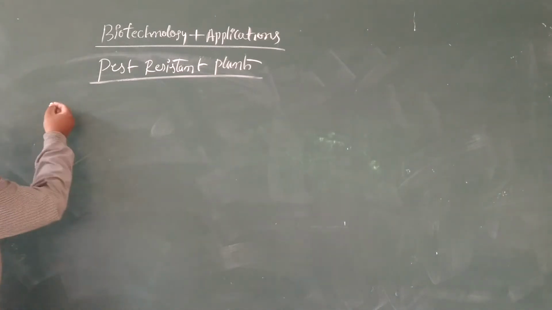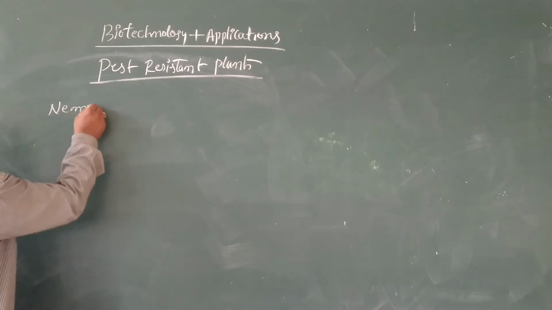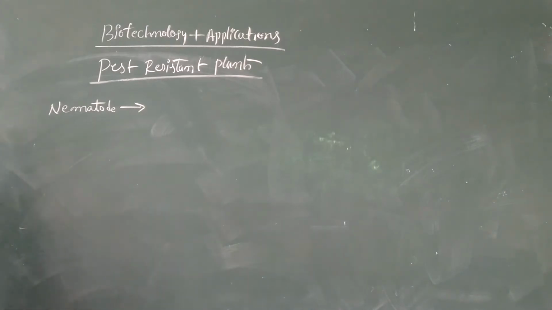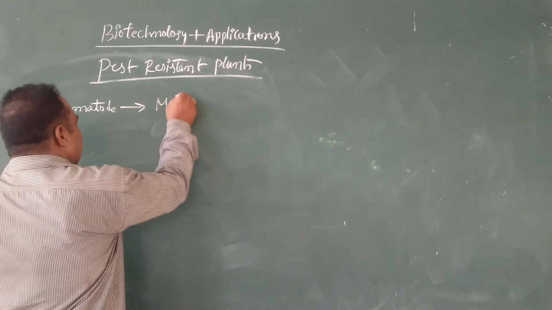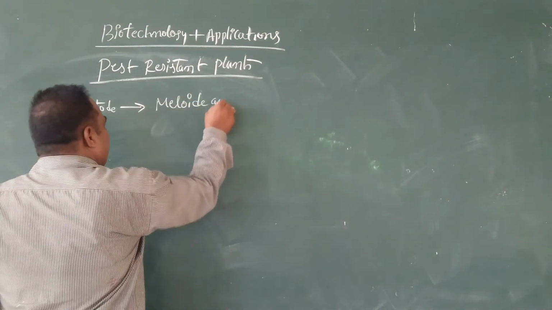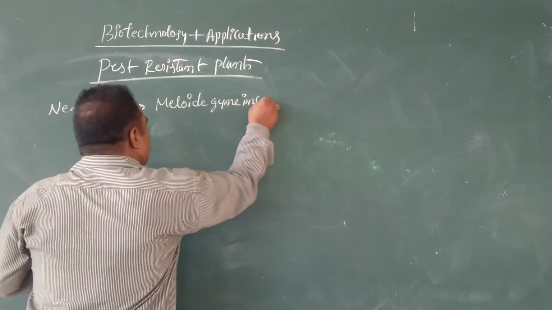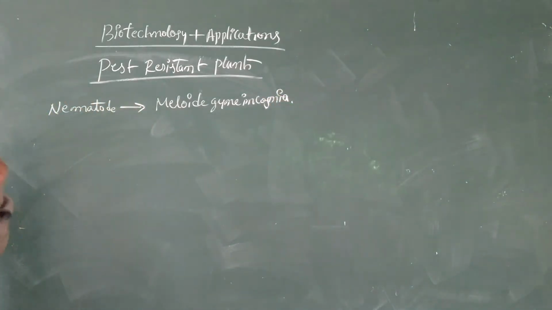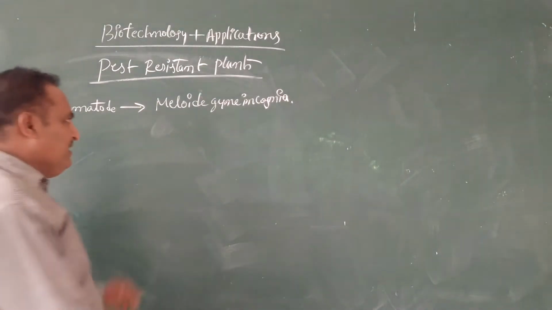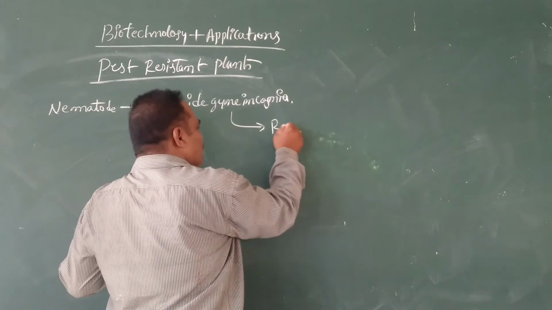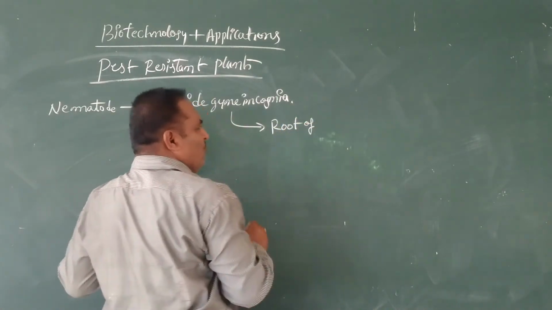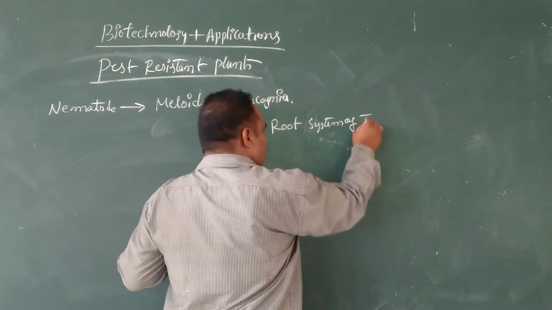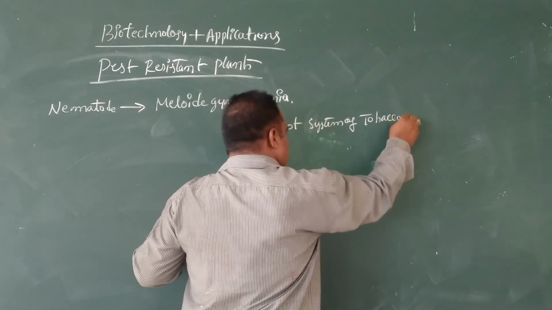One of the nematodes is called Meloidogyne incognita. Usually Meloidogyne incognita infects the root system of the tobacco plant.